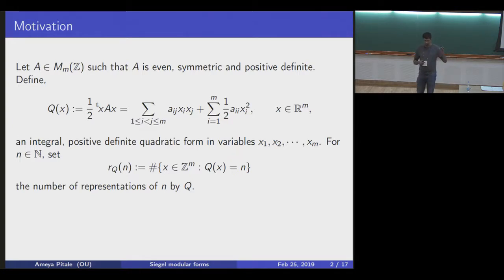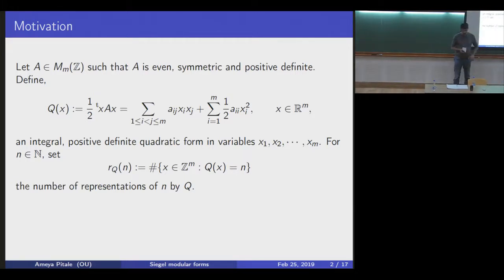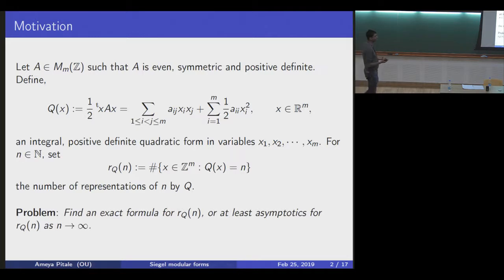Even means all its diagonal entries are even numbers. And you get a quadratic form in m variables here. Then you ask the same question that we saw in the previous talk: r_Q(n) is how many ways can you represent an integer n by this quadratic form. The problem is to find an exact formula, or at least give asymptotics as n goes to infinity.